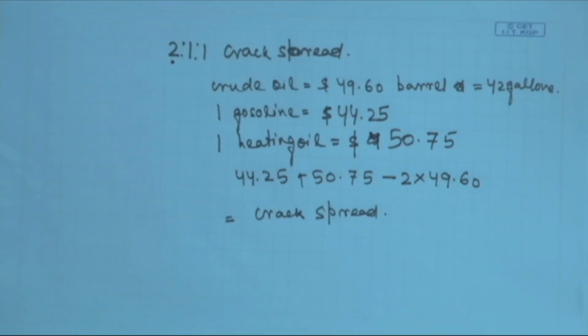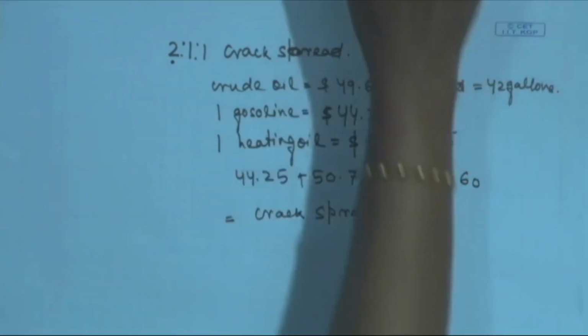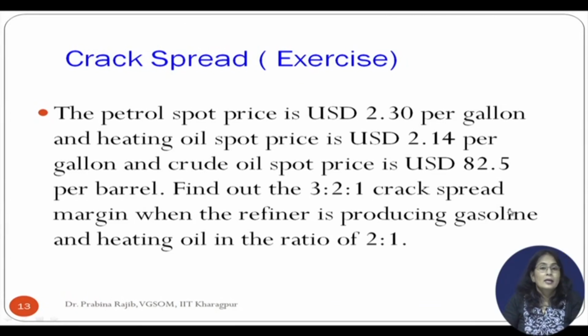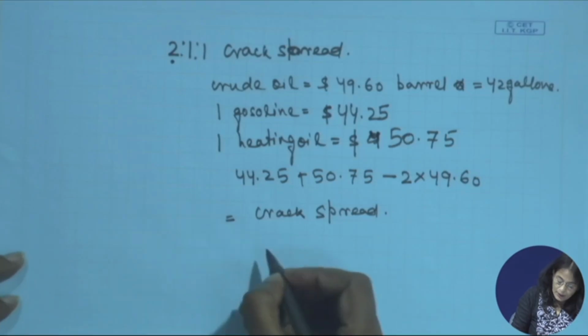Let's say this exercise, which you can work out: petrol spot price is US dollar 2.30 per gallon, heating oil spot price is US dollar 2.40 per gallon, and crude oil spot price is $82.5 per barrel. Let's solve this exercise.